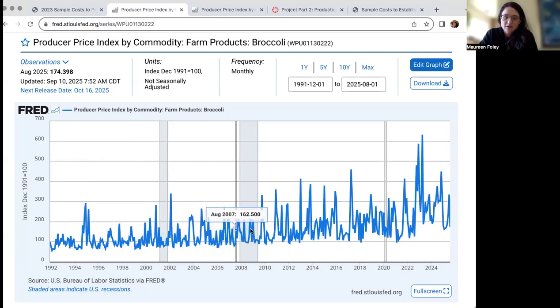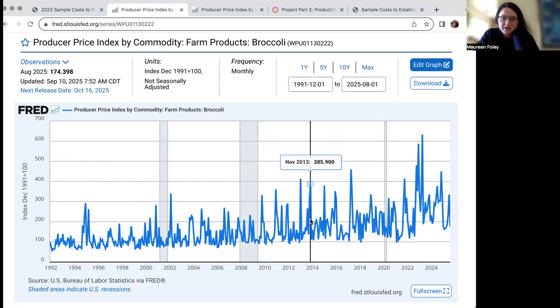So I want you to look at about the last 10 years of data and just kind of get a feel for the volatility of the price of your commodity. Some commodities, apparently like broccoli, the price goes up and down a lot, even within the same year.